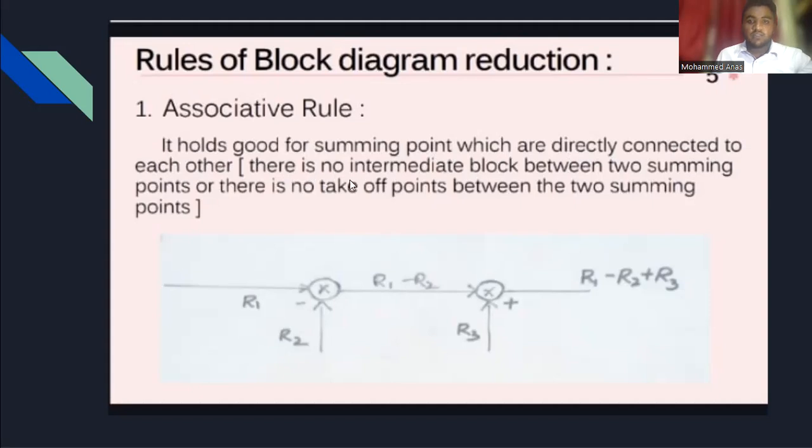Means there is no intermediate block between two summing points, or there is no takeoff point between the two summing points. As you see here, there is no intermediate block between the two summing points, so it is the associative rule. We get the output as R1 minus R2 plus R3.